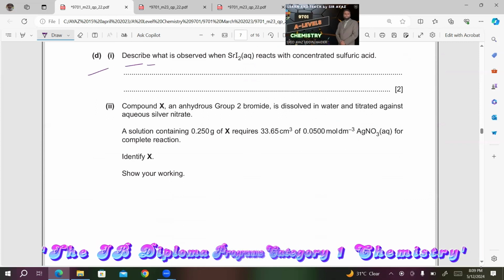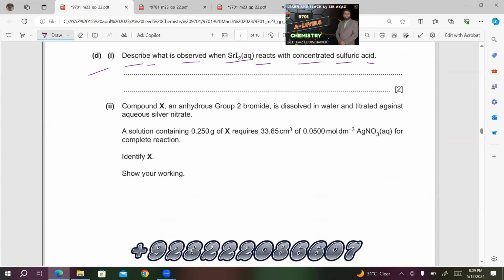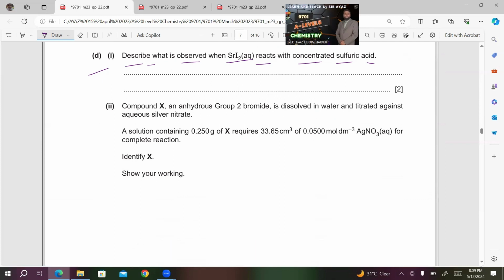D1, describe what is observed when SrI2 aqueous reacts with concentrated sulfuric acid. Now, SrI2 is strontium iodide. When it's reacted with concentrated sulfuric acid, there will be a number of products.